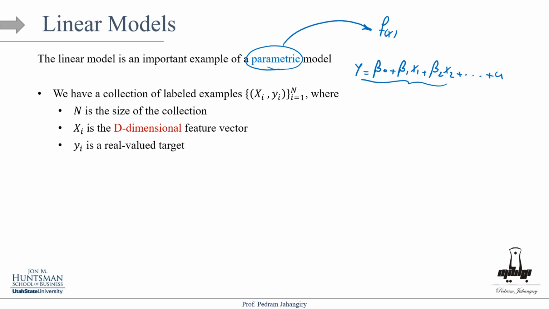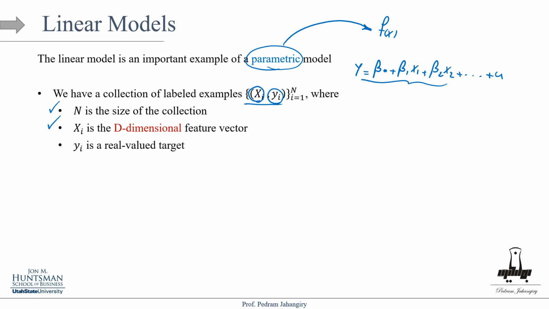Okay. So in the linear regression model, we have a collection of labeled examples because, as we said earlier, it's supervised, right? So we need to provide both x and y, inputs and output, to the model. And n is the size of the collection, basically our sample size. And x is a d-dimensional feature vector.